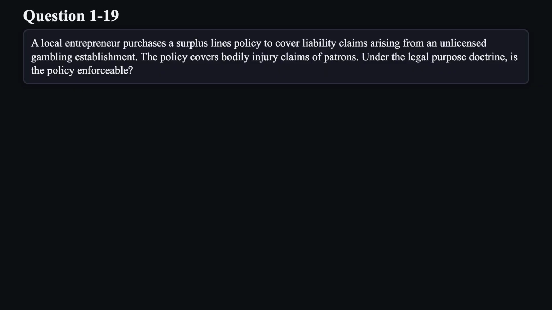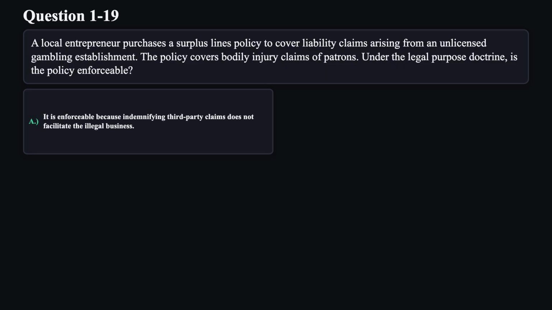Question 19. A local entrepreneur purchases a surplus lines policy to cover liability claims arising from an unlicensed gambling establishment. The policy covers bodily injury claims of patrons. Under the legal purpose doctrine, is the policy enforceable?